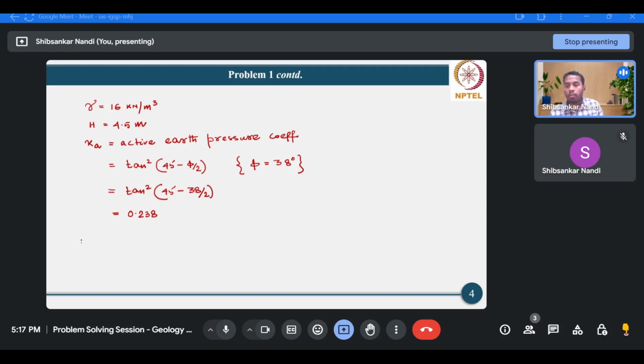Therefore the total active thrust would be half into 0.238 into 16 into 4.5 square, which is 38.56 kilonewton per meter.